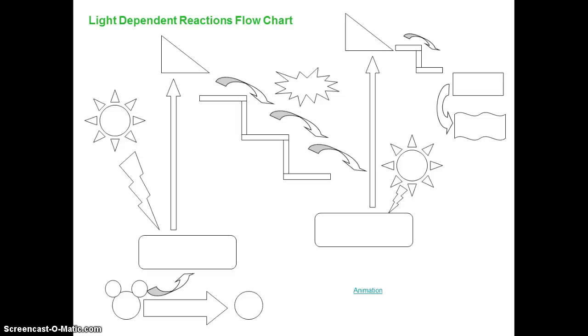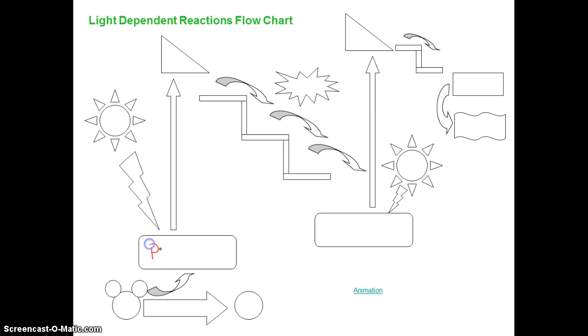So here's a flow chart that's going to help you remember all this. So remember, in our light-dependent reaction, our light, or you could consider it like photons, hits our chlorophyll.